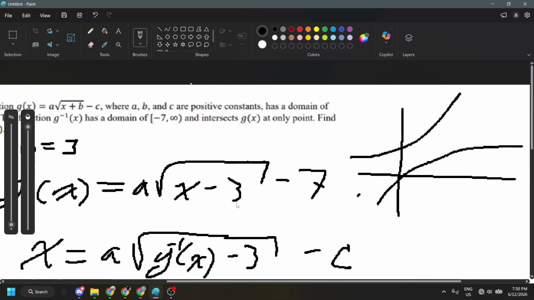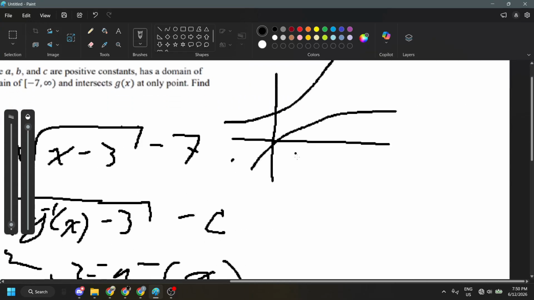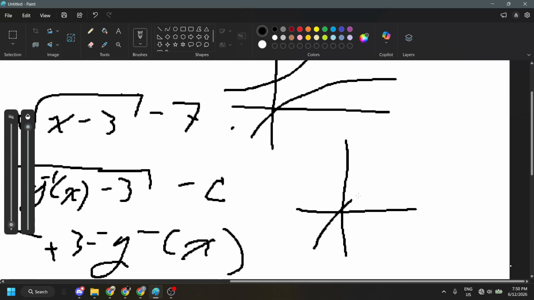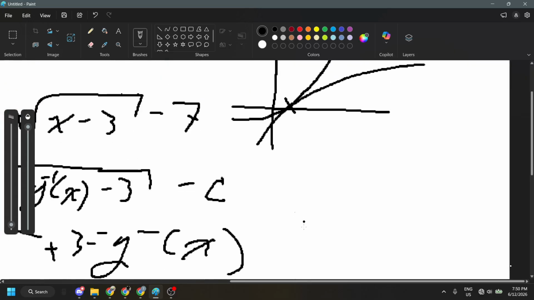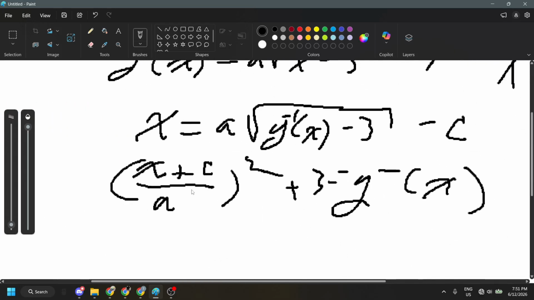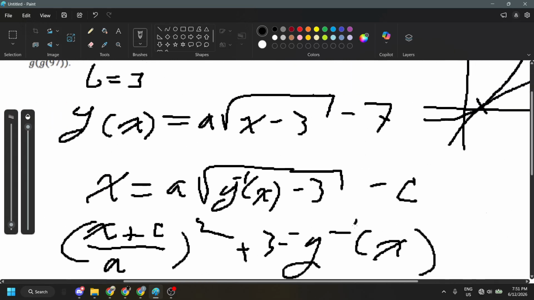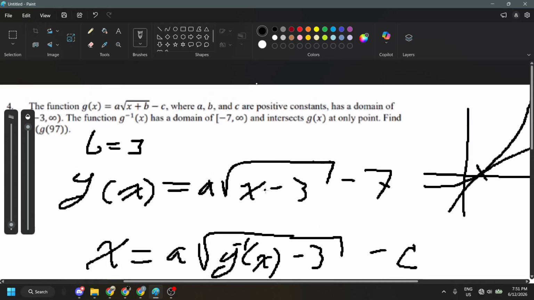They intersect at only one point. So I bet it's going to look like this, or I'll just draw on this graph. It's like this, and it's going to be like that, where they intersect right there. But how do I figure out where they intersect? Set them equal to each other.